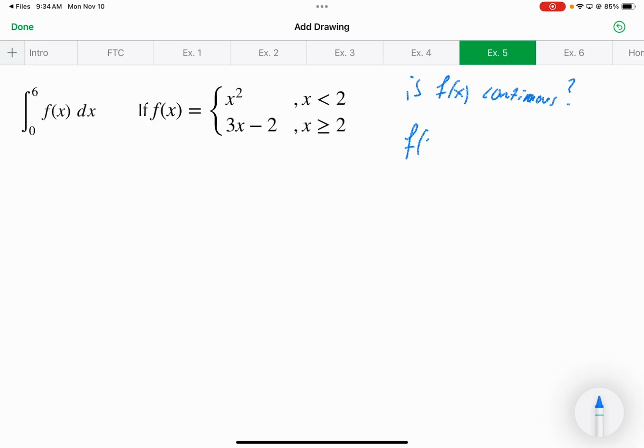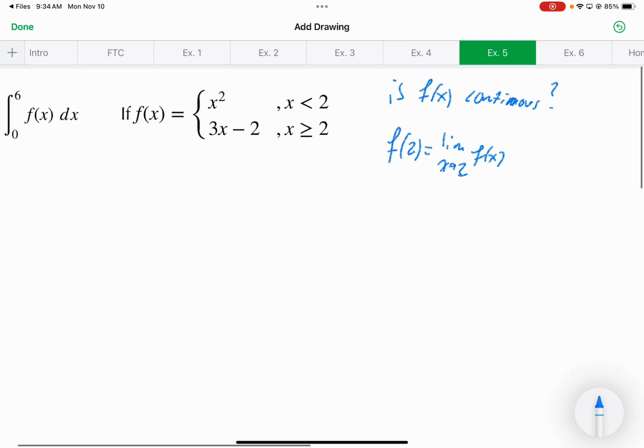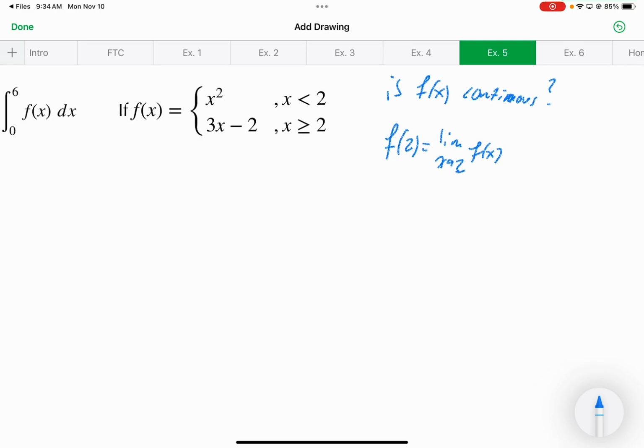I need to find out if f of 2 equals the limit as x goes to 2 of f of x. That's how I figure out if this is continuous at that point. Okay? All right. So first of all, what is f of 2? Well, I'd have to plug it into where it's defined, which gives me 4.